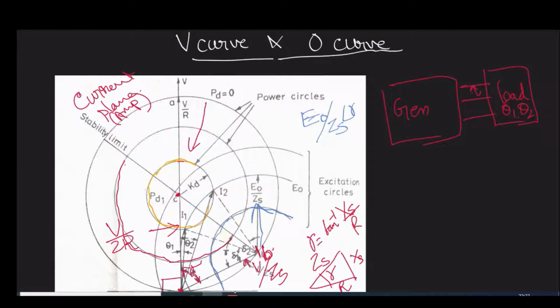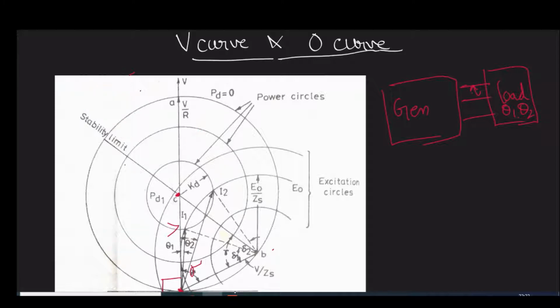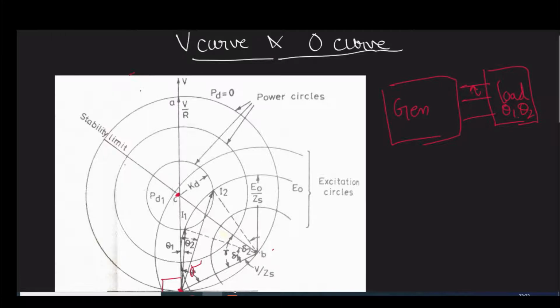Even you can figure out that for a given power circle, interestingly, we can have two terminal values of E naught, like we are drawing it. Let me try to draw the two terminal cases.